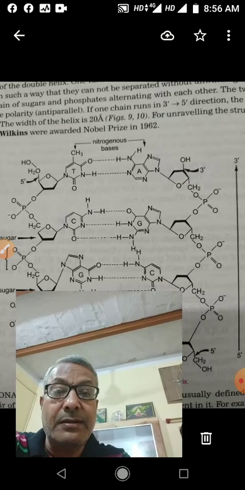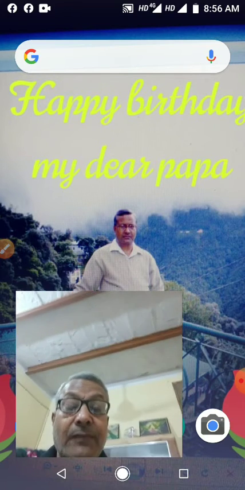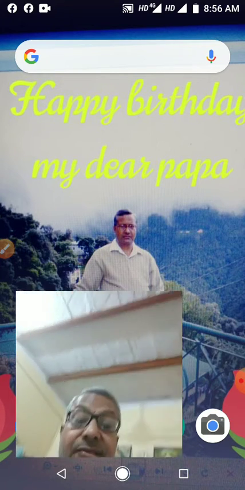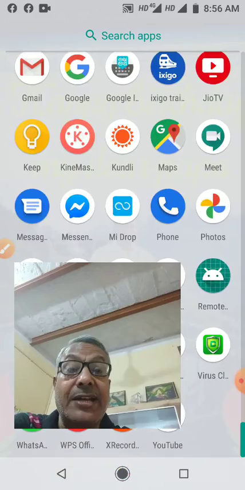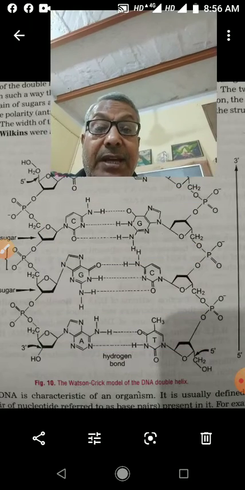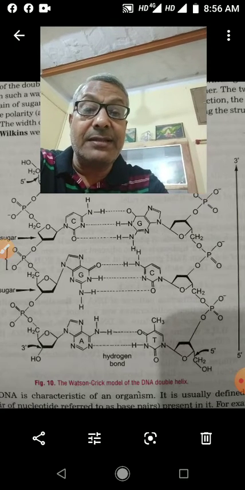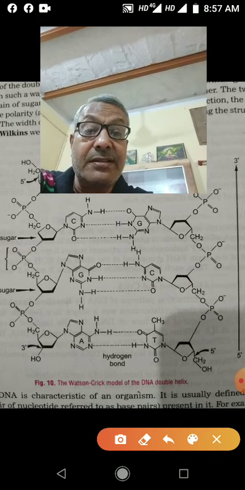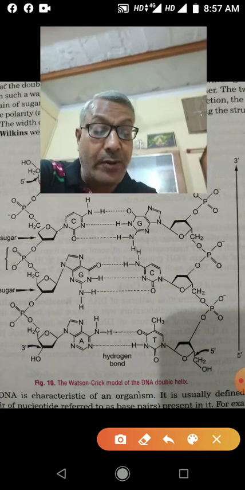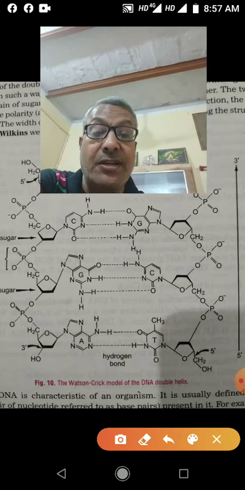Adenine is a purine, thymine is a pyrimidine, and they are joined by two hydrogen bonds. The other pair, cytosine and guanine, are joined by 3 hydrogen bonds: 1, 2, 3. So guanine and cytosine are joined by 3 hydrogen bonds, and thymine and adenine by 2 hydrogen bonds.